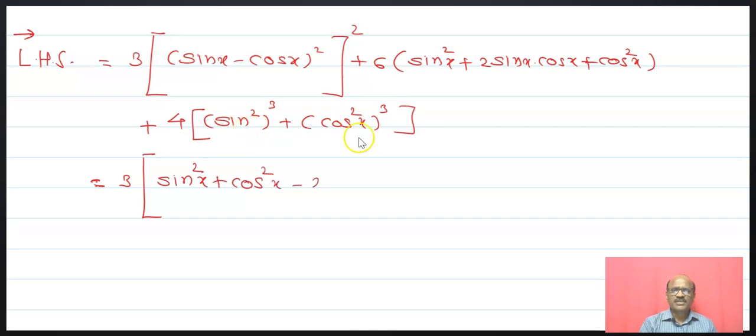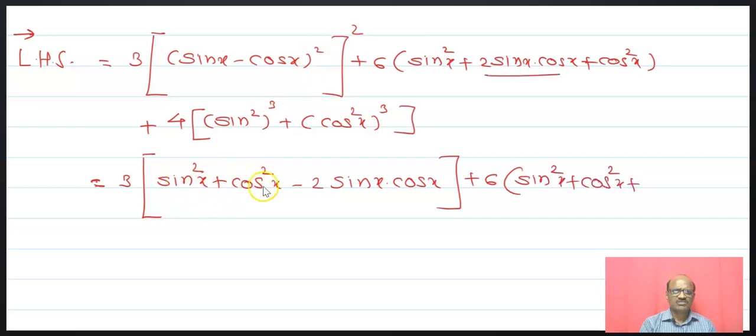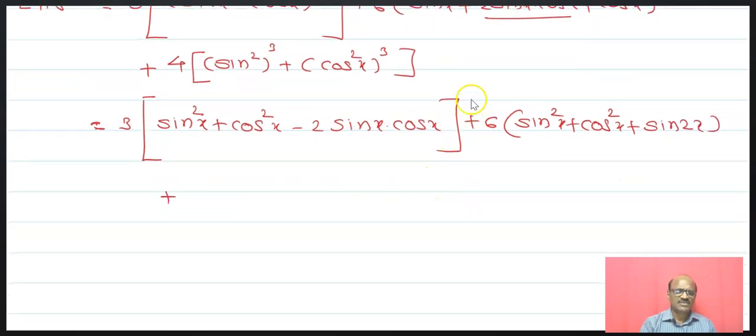Now with a cube plus b cube in this manner, you will see this here in the first bracket. Here (sin x minus cos x) squared is sin square x plus cos square x minus 2 times sin x into cos x, and here must be the bracket squared.